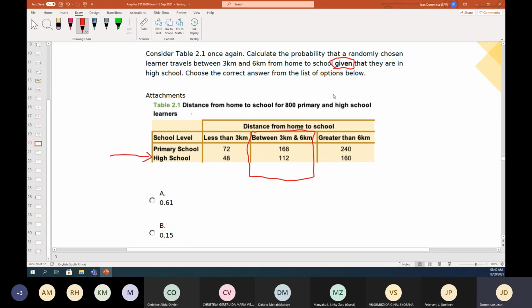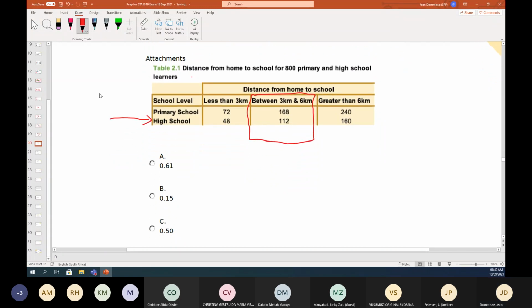Choose the correct answer from the list below. Okay, and remember, given.